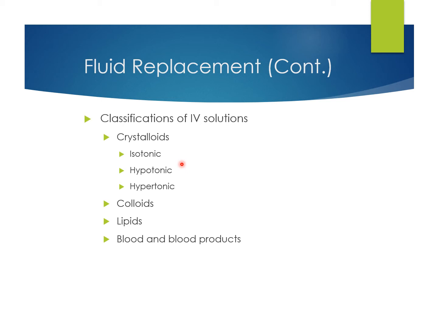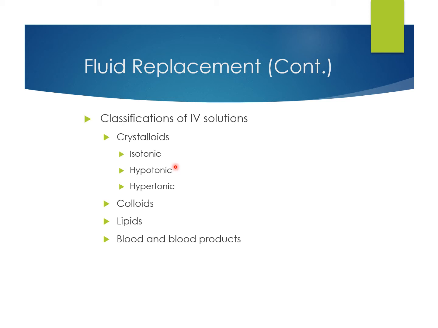So it's actually got less solutes in it, and I'll describe in a second what the effect is on the patient whenever you give them that kind of solution. The other one is hypertonic. So let's add a little bit more sodium into that fluid. For example, say 3% saline. This is a very dense, figuratively speaking, type of fluid. What effect is that going to have on the body?